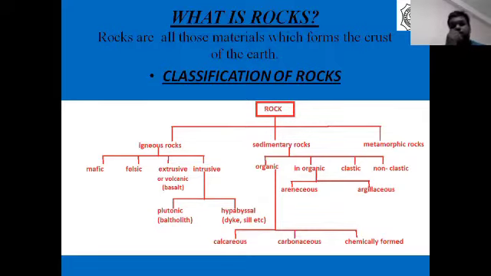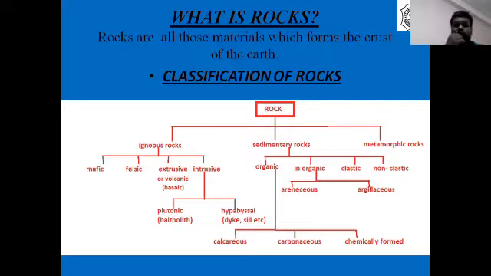Now let's see the classification of rocks. Rocks may be simply classified into three parts: igneous rocks, sedimentary rocks, and metamorphic rocks. Igneous rock is further classified into mafic igneous rock, felsic igneous rock, extrusive igneous rock, and intrusive igneous rock.